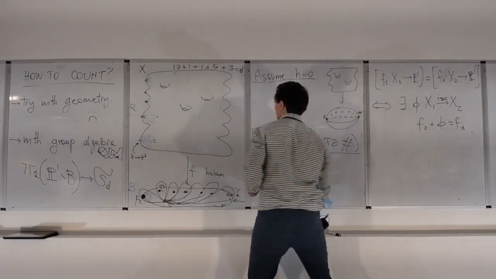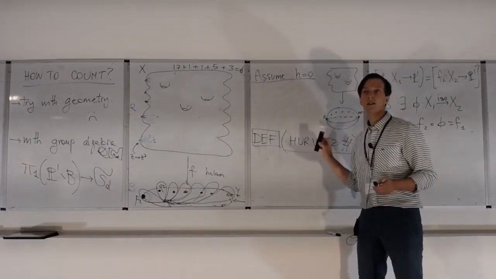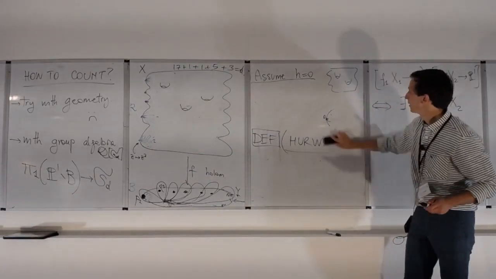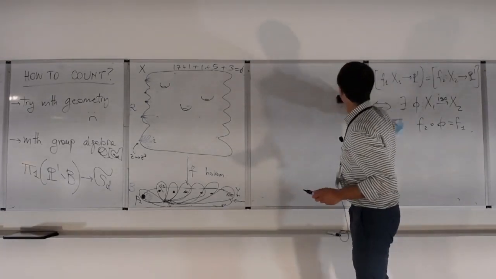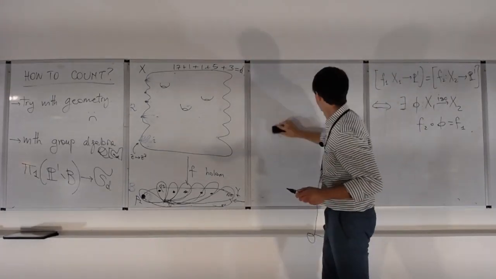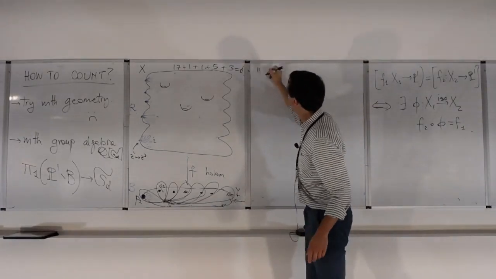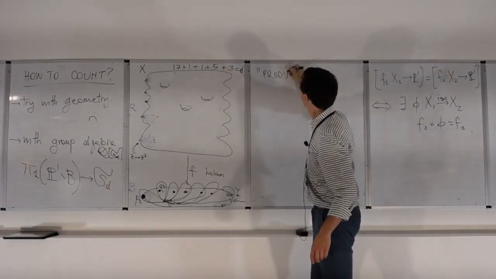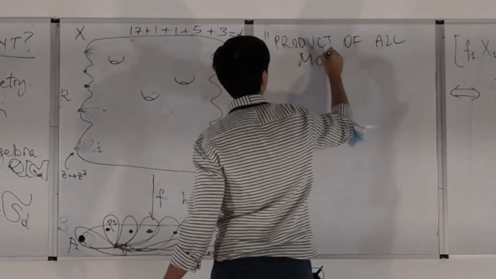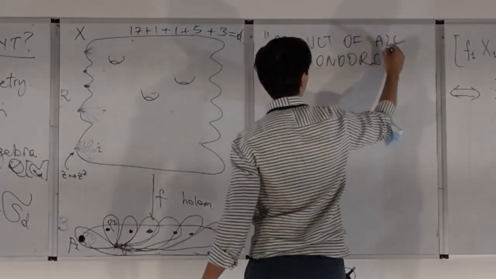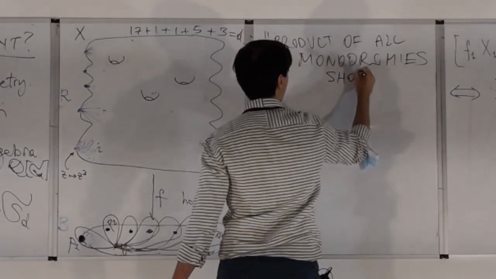Which means basically that if you take the product of all the monodromies, that should be trivial.